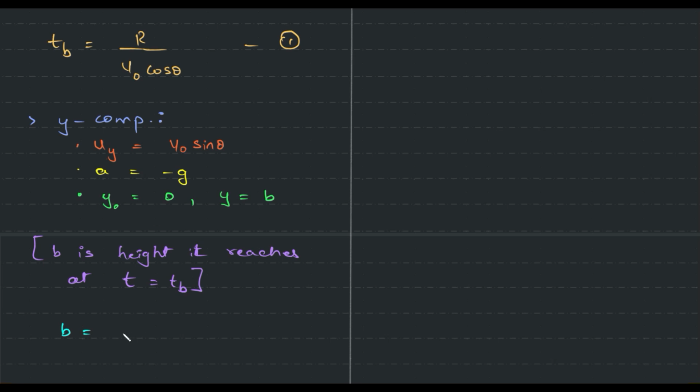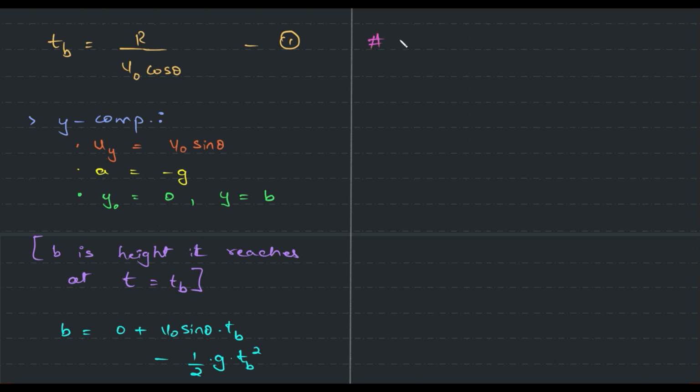So y is equal to y naught plus v naught sine theta into TB minus half g into TB square. So let's keep this. Let's not substitute all of this. It might or might not cancel a few things, but let it be.